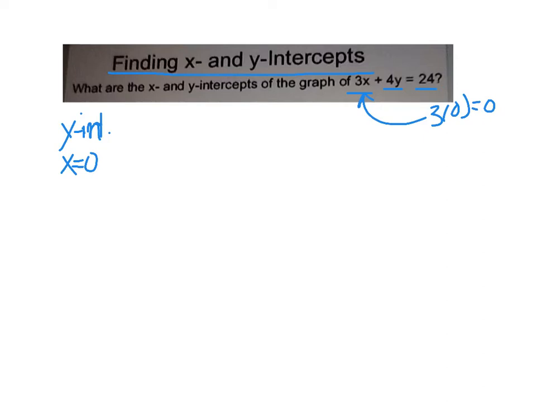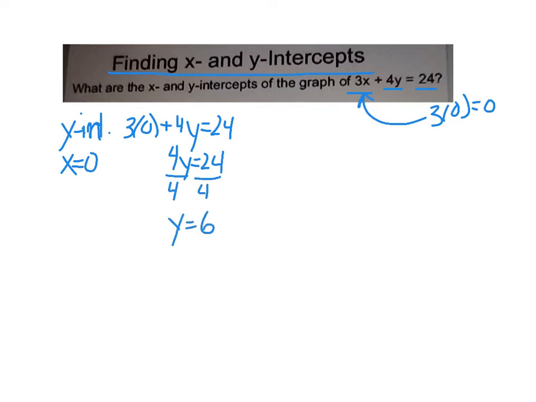So for the y-intercept, because x is 0, that gives me 3 times 0 plus 4y equals 24. As I mentioned, 3 times 0 is just 0, so that gives me 4y equals 24. My y is being multiplied by 4, so I divide both sides by 4, so y equals 6.